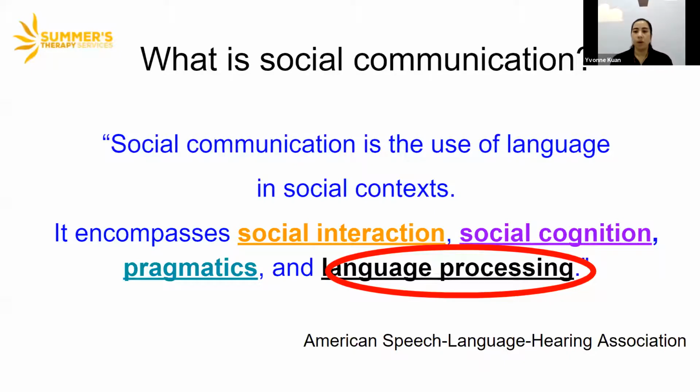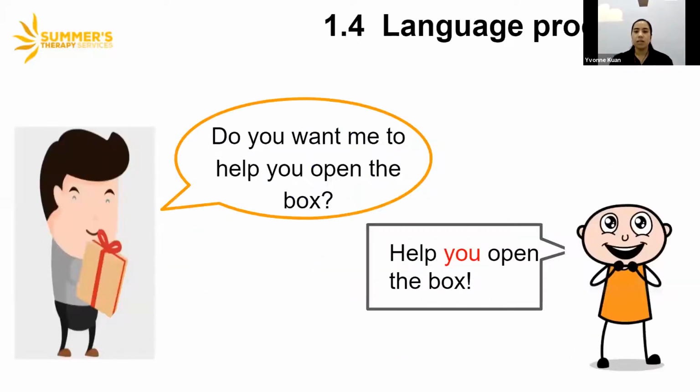And then we have one more component, which is language processing. So think about this situation, okay? You have the father here holding a box, and he is asking the child, do you want me to help you open the box? And in this situation, the child says, help you open the box.